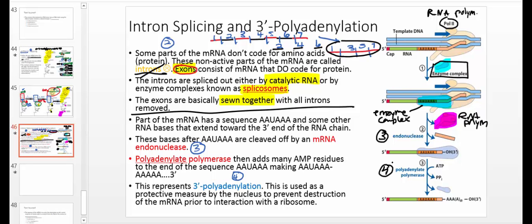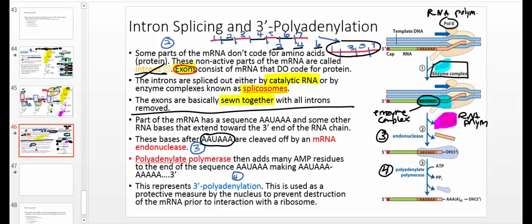So the question is, what happens? Well, what I want you to notice is there's this sequence right here in the mRNA. It's AAU-AAA. And yes, I would give you this on the exam. So that's adenine, adenine, uracil, adenine, adenine, adenine.